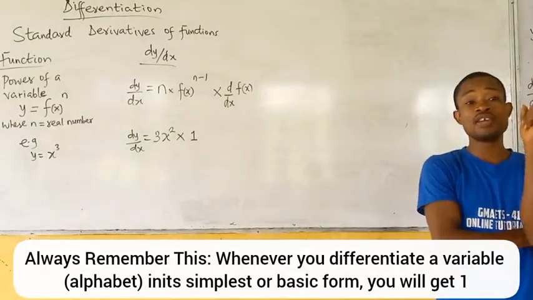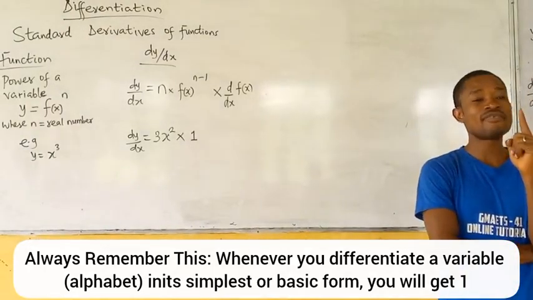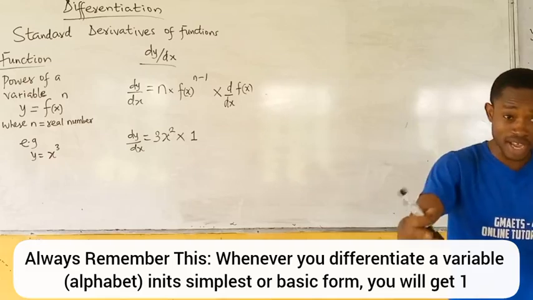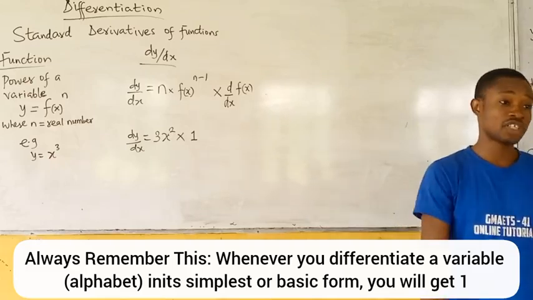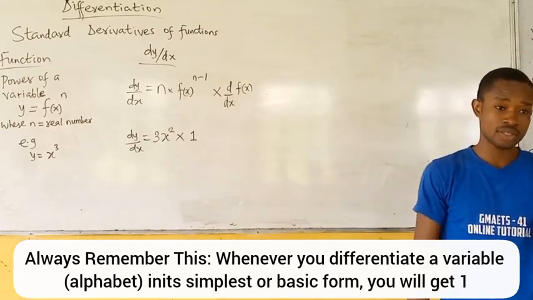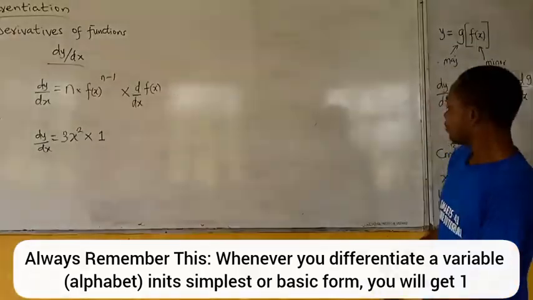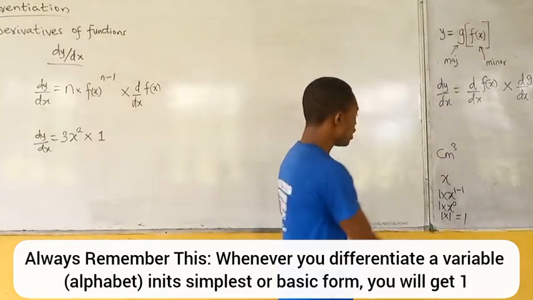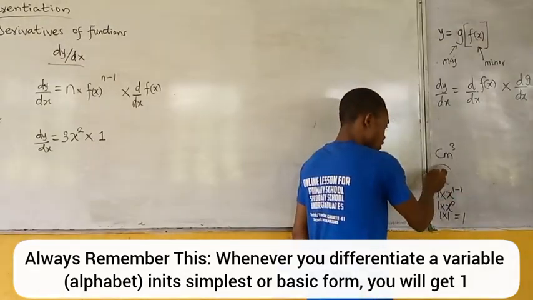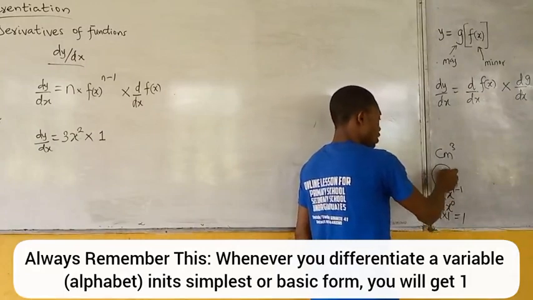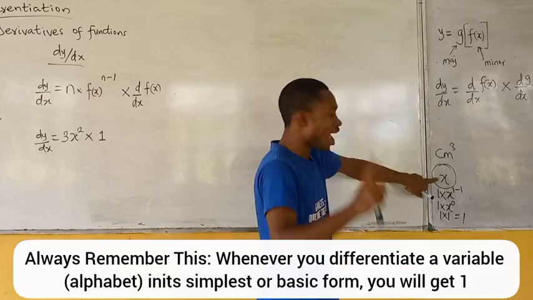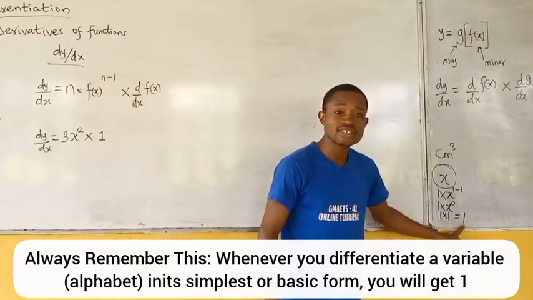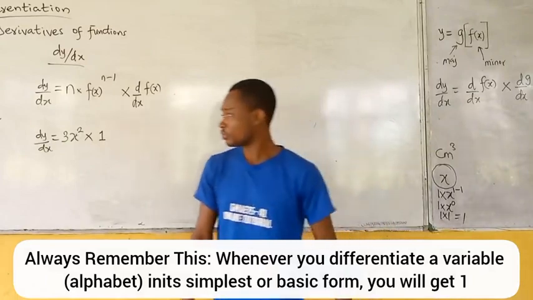Anytime I give you any variable, and that variable is in its simplest form as you see it in the alphabet, if you differentiate that, you get 1. So what you see here, please don't forget, because I won't do any such thing again. Look at the board, please, dear students. Anytime you differentiate x alone, what will be your answer? Will you forget that? Good.